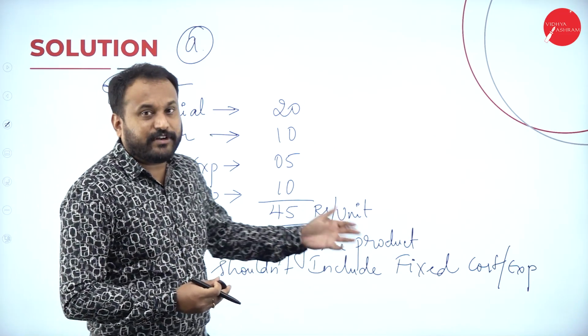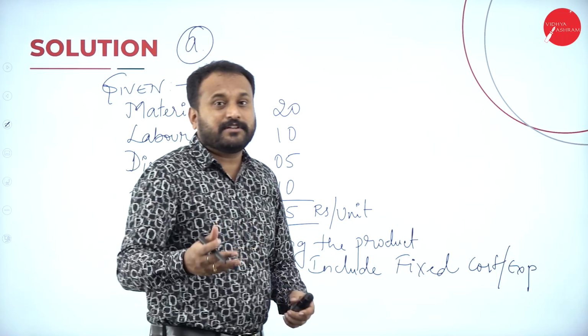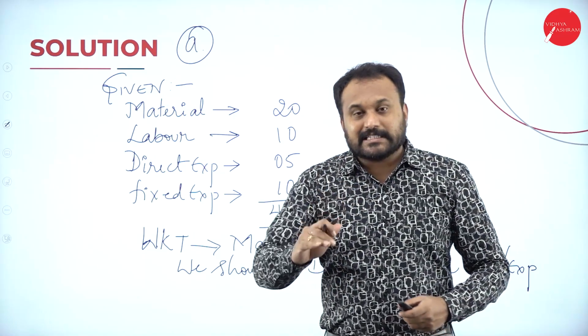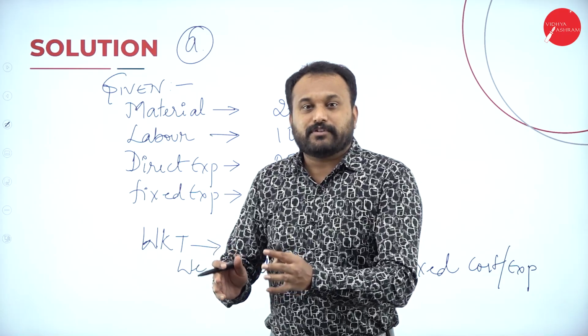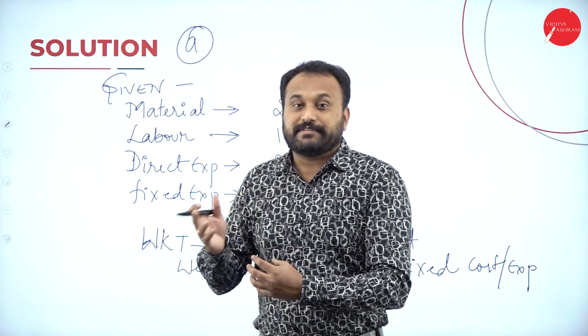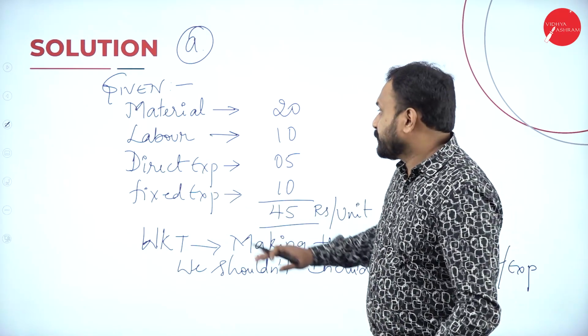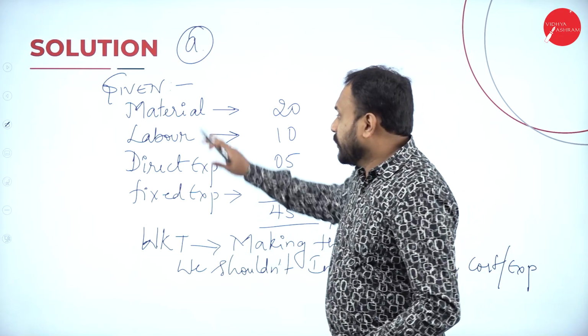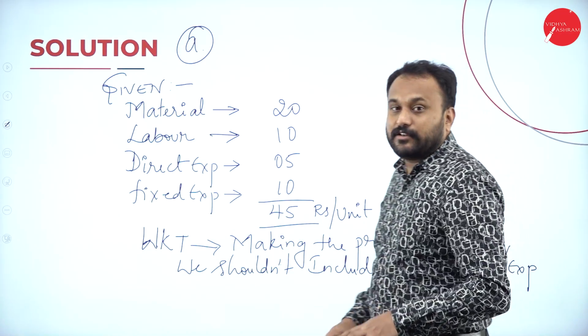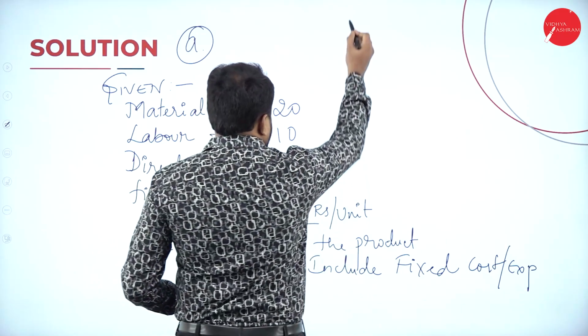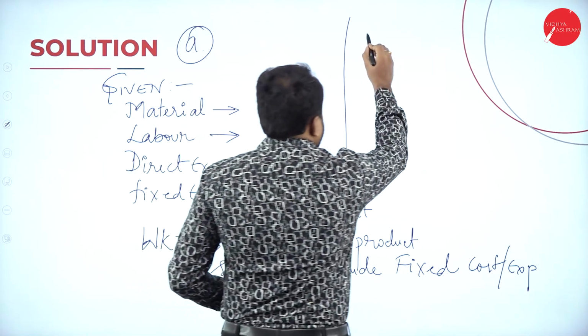The same thing is for 50, what exactly it is. So 50 is more than 40. So the B question is only for 3 marks and the A question is for 7 marks in this question. Now we know that making the product, we should not include fixed costs. So here I'll write. So decision.